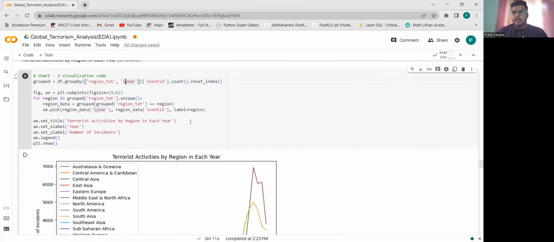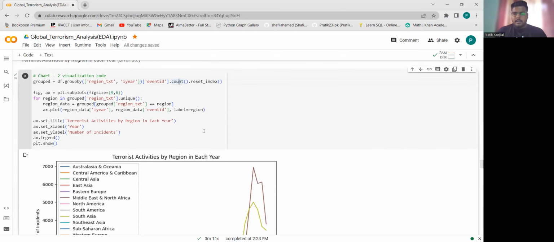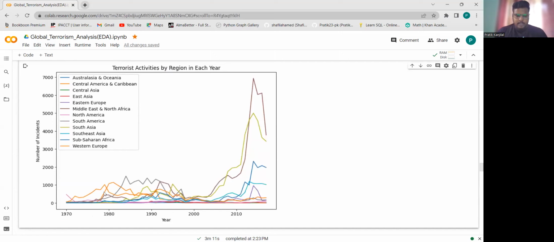Regions are countries combined together, which you can call continents or clusters of nearby countries. We are counting the event IDs, meaning the number of events happening there, then sorting them and plotting them as a line chart.